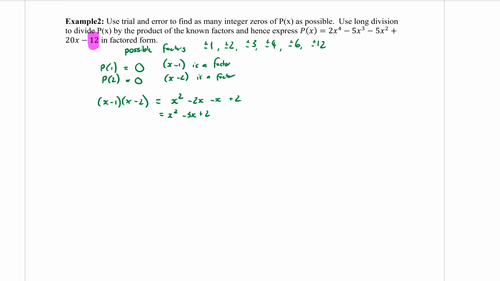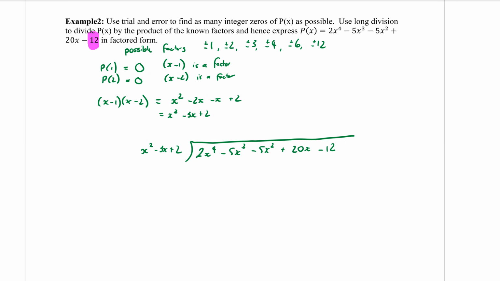And then I'm going to do my long division. So my polynomial was 2x to the power of 4 minus 5x cubed minus 5x squared plus 20x minus 12. And I'm dividing that by x squared minus 3x plus 2.